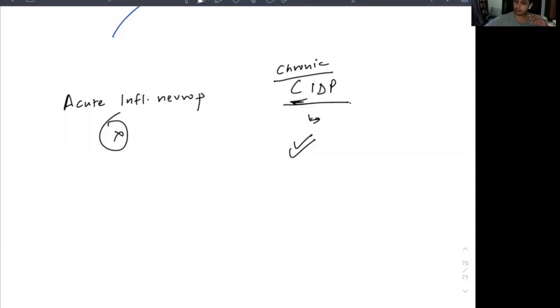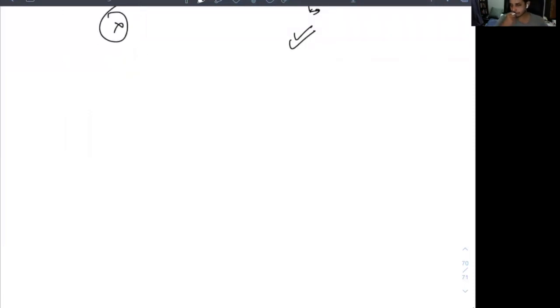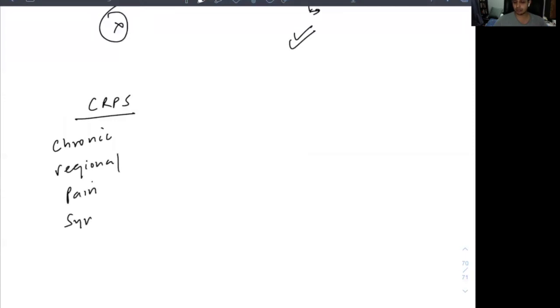Yeah. So there is something called CRPS, that is chronic regional pain syndrome. In that you basically have an autonomic nerve problem.